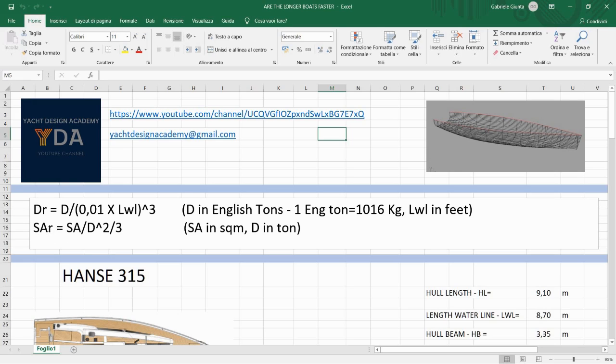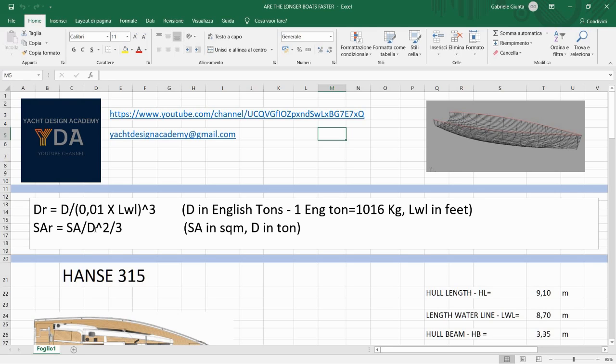And what's the relative sail area? It is the sail area divided by the displacement to the power of 2/3. Again, the sail area is a unit to the power of 2 because it's an area.